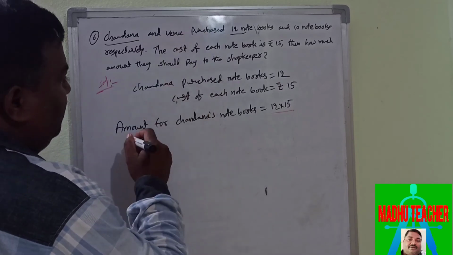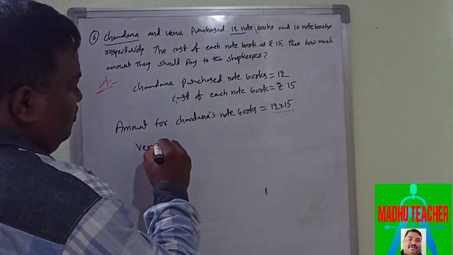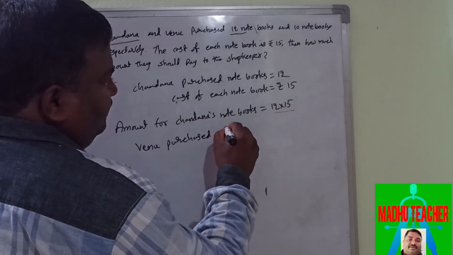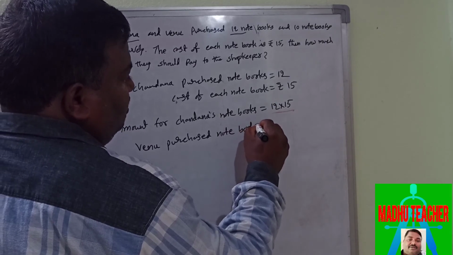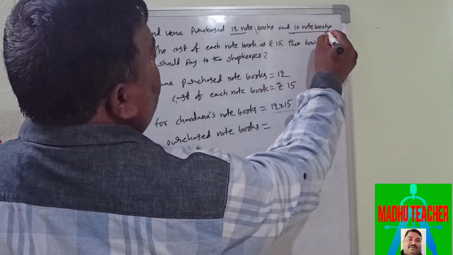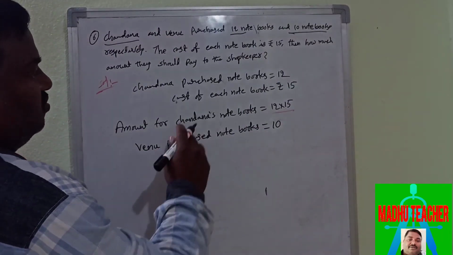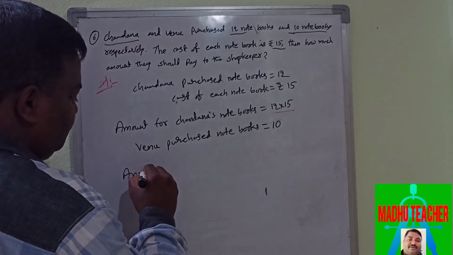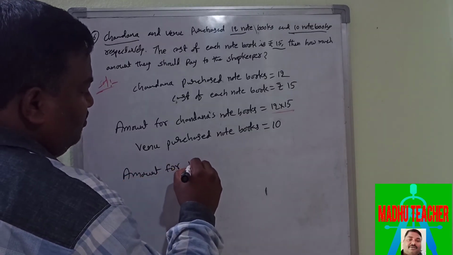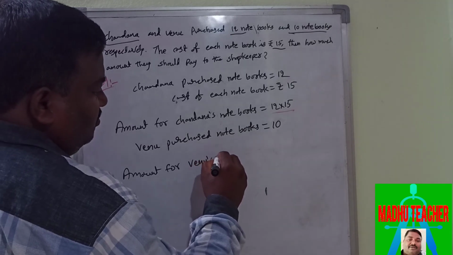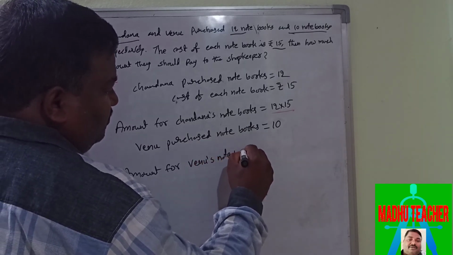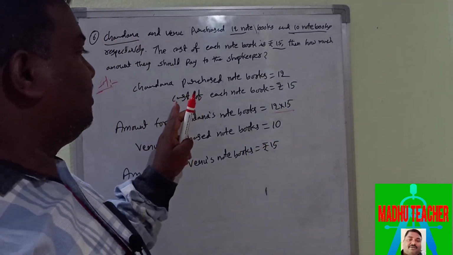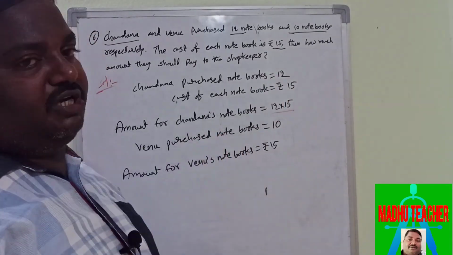Then Venu purchased notebooks. How many notebooks he purchased? 10 notebooks. So cost of each notebook is 15 rupees. So amount for Venu's notebooks, already written the cost of each notebook, so no need to write again.